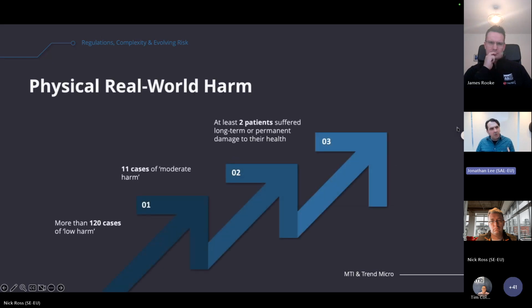We're moving away from that idea of data going missing, your identity being compromised, people trying to extort and scam. We're talking about two patients who have suffered long-term or permanent damage to their health as a result of a supply chain attack on the NHS, which is a scary place to be when you think about that was in London. What about if this happened at scale? And this is not about fear, uncertainty, or doubt. It's about real-world examples of what's happened.